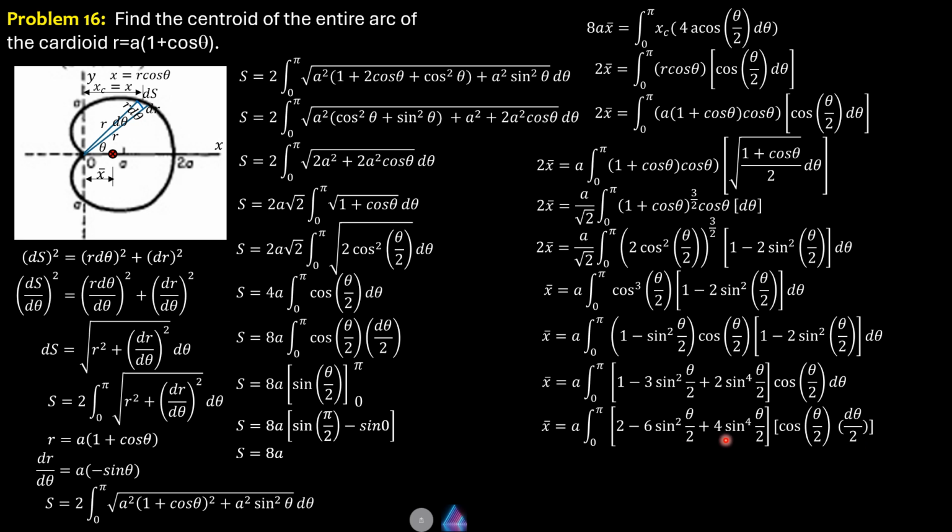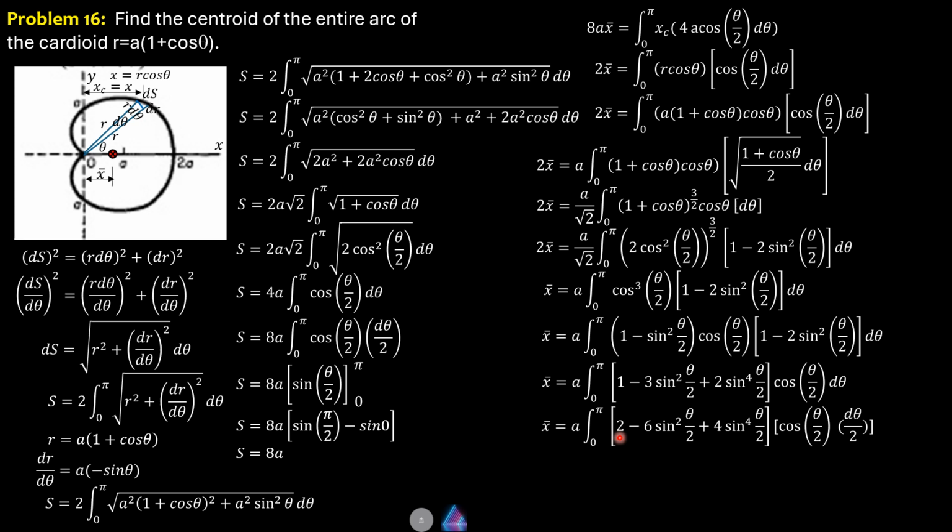So it is in the form of the integral of, for instance, negative 6 u square du, and 4u to the fourth du, which can be evaluated by the power formula. For the first term, this is simply 2 integral of cosine of u du. That is easy because that's just sine, 2 sine of theta over 2.